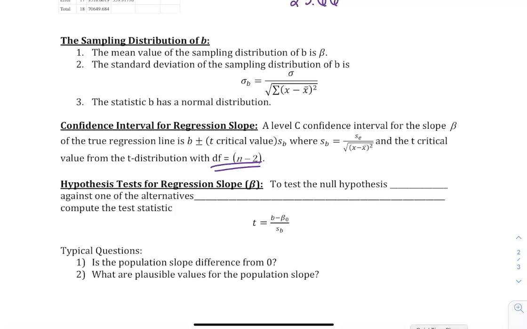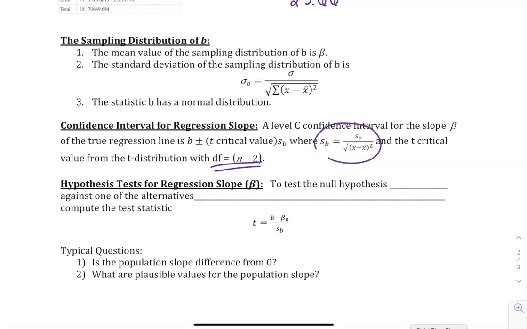And then the standard error here is a little bit more complicated, but we need to estimate it with the standard error estimate that we have already calculated. We've seen how to do that in StatCrunch. So these confidence intervals are still giving us that same concept that we are whatever percent confident that the true value of the slope is going to be between two particular values.